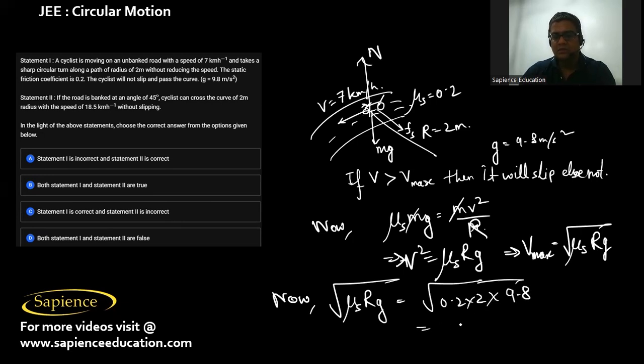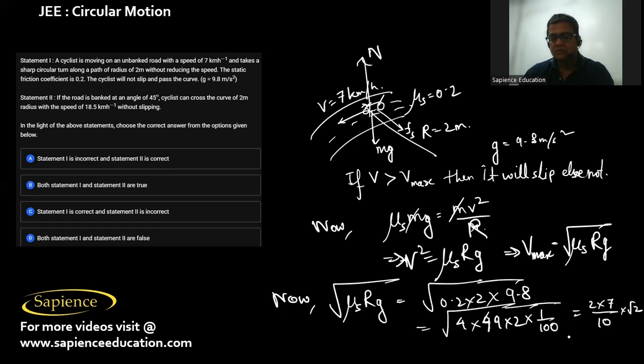So this will be equal to 4 into 98, which means 49 into 2 into 1 by 100. This will be equal to 2 into 7 by 10 into root 2.